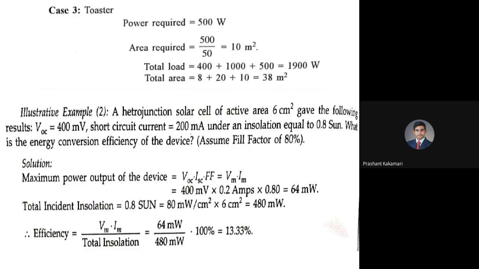So for the given values, the efficiency is only 13.33%, not much. But finally, even if you install this with the initial cost and other things, the energy cost is zero. So efficiency is not that important, but we are generating some energy.